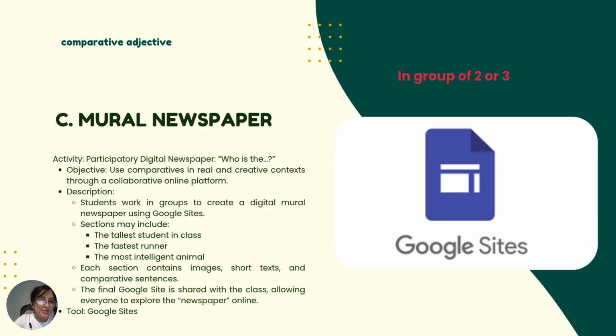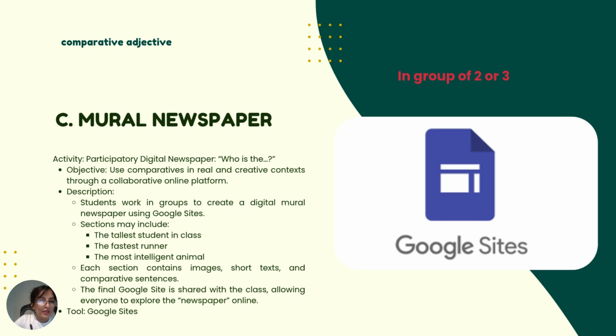Okay, letter C, mural newspaper. Here, the activity is a participatory digital newspaper. The objective is to use comparatives in real and creative content through a collaborative online platform. Description, a student working group creates a digital mural newspaper using Google Site.